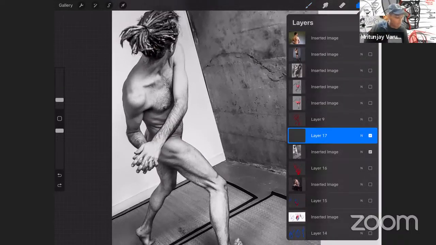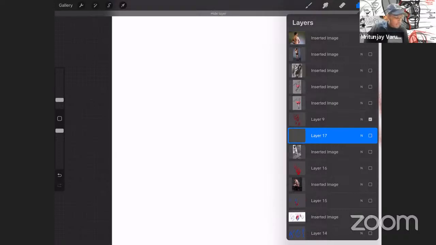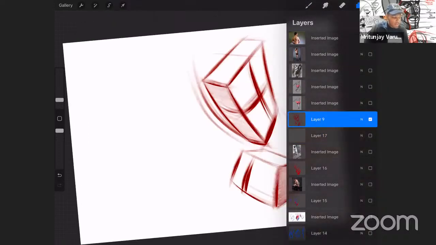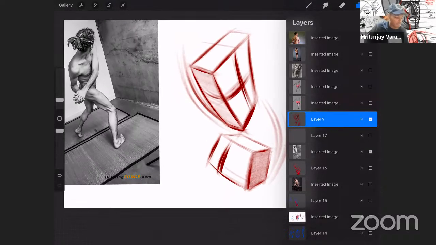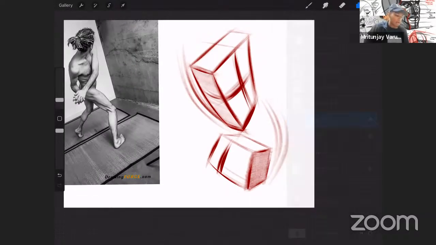All right, here we have a simple setup. Let's take the same reference here. So here's another model, by the way. What we usually use in the mentorship, and in general work as well, is boxes. They're a great way to depict forms in a simple manner, and the rib cage and pelvis are no exception.